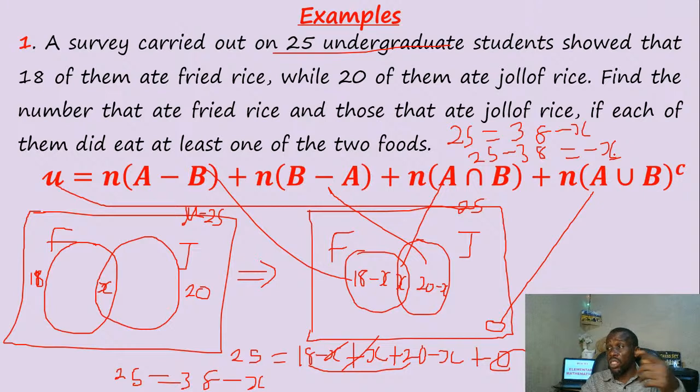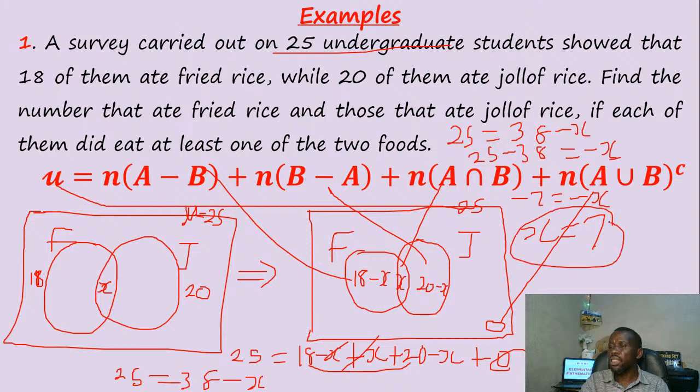Now, 25 minus 38, is that not minus 7? Minus 7 equals minus x. The minus can cancel out minus, so x equals 7. Okay, I've gotten my answer now.